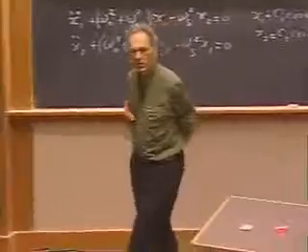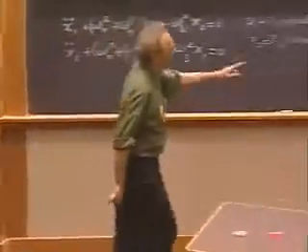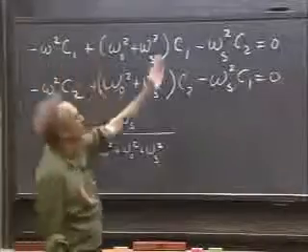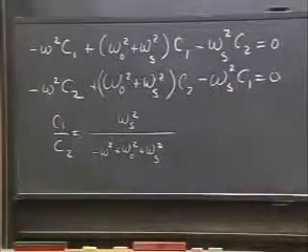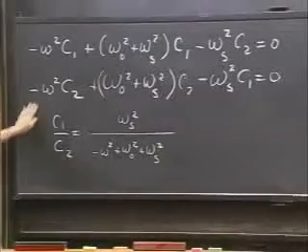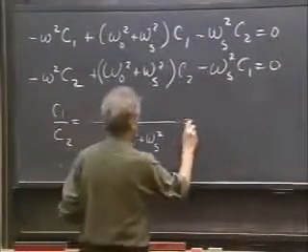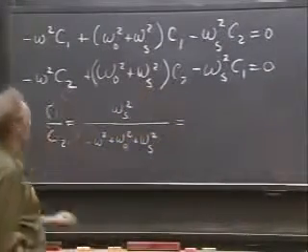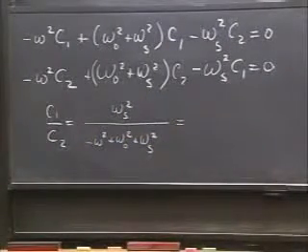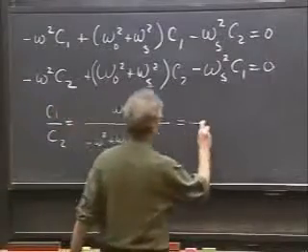I've simply written it as C1 divided by C2. I can always do that, right? Bring the C1s to one side, the C2s to one side, and divide them. That's this. And I'm going to do the same with the next equation. So I bring this one to the right side, then I have C1s there and C2s here. And now this becomes upstairs.